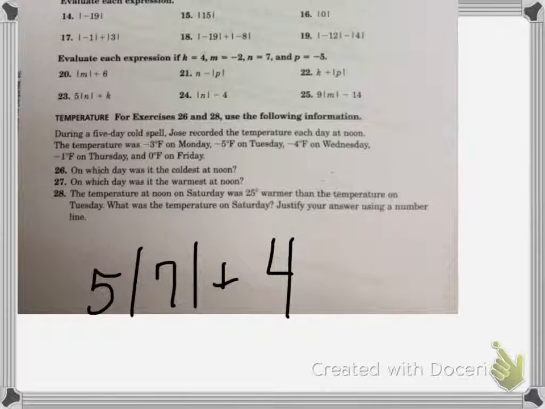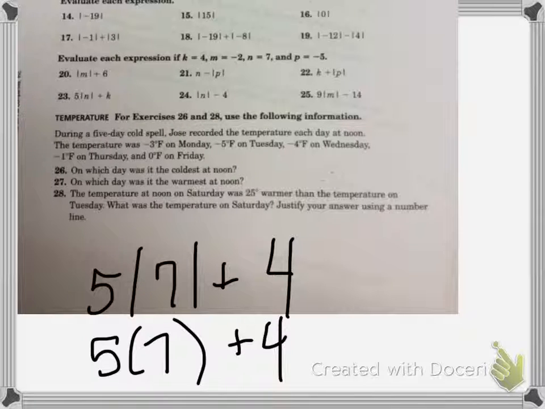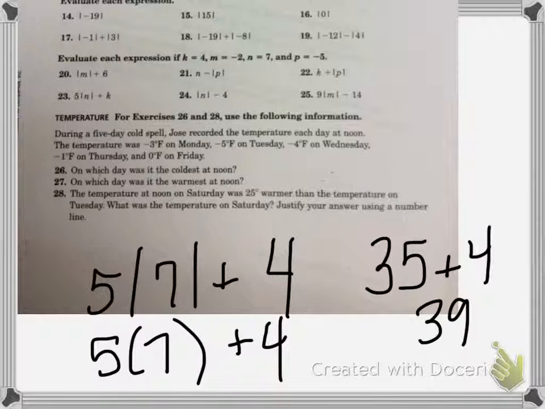So before you can times it, you need to change that to its absolute value. Well, the absolute value of positive 7 is 7. So 5 times 7 plus 4. 5 times 7 happens to be 35, and you add that to 4, and when you add it all together, your answer is 39. That's how you do 23.